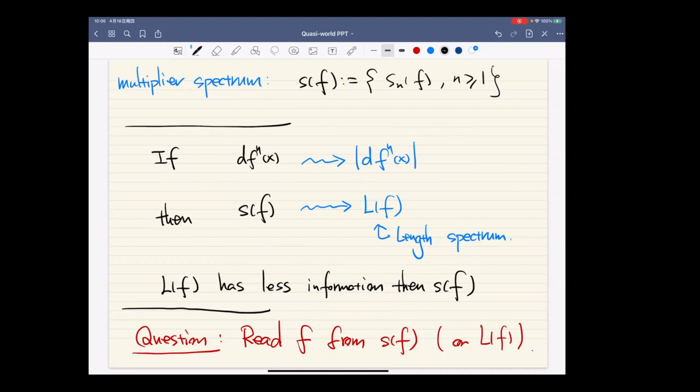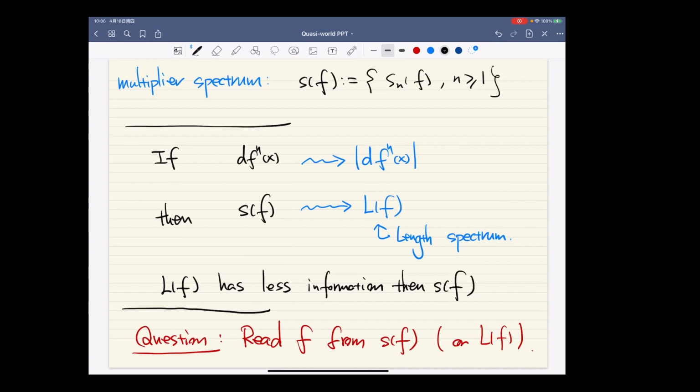So we can think of this multiplier spectrum as some kind of nonlinear version of the spectrum of a matrix.